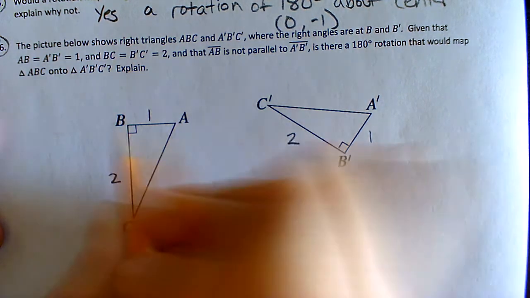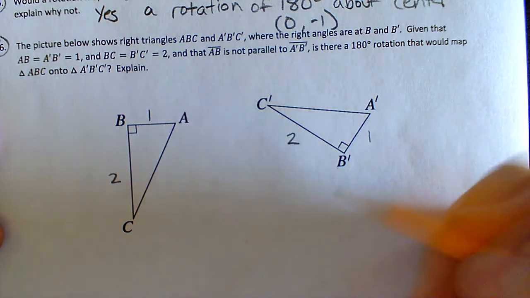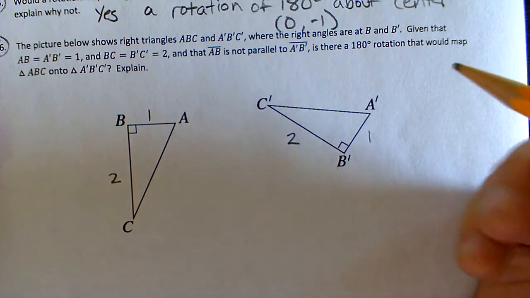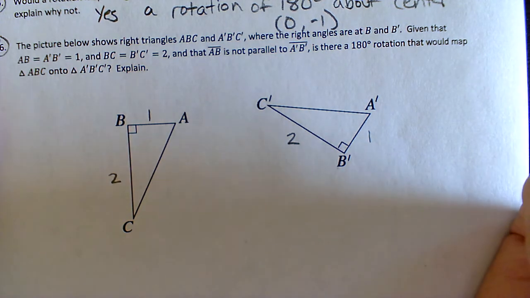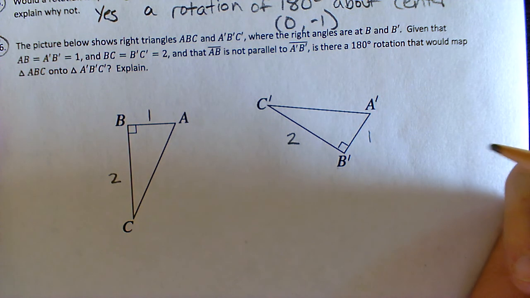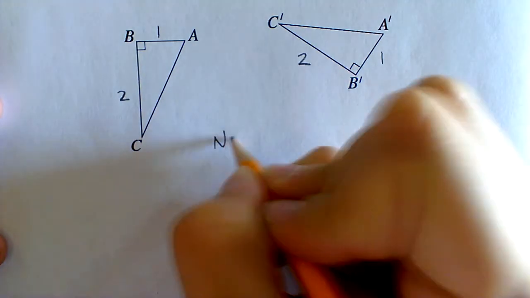It says AB is not parallel to A'B'. Is there a 180-degree rotation that would map ABC onto A', B', C'? No.